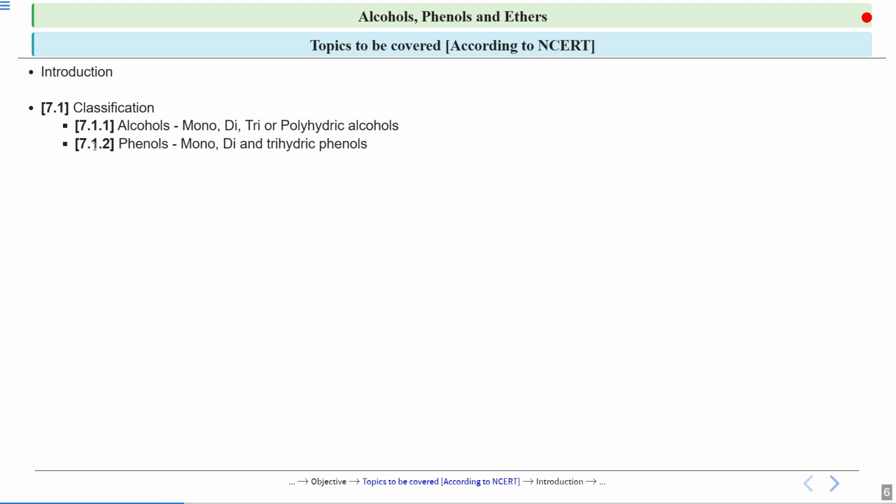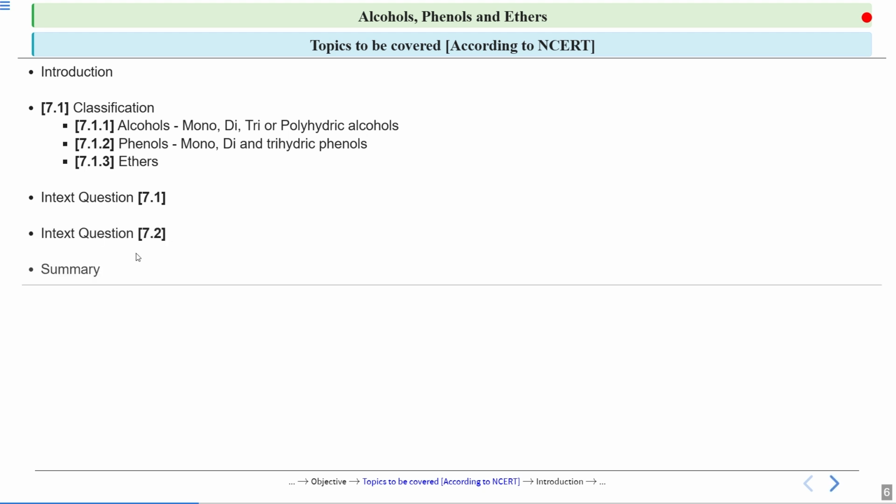And then we also cover the next subsection 7.1.2, phenols: mono, di, and trihydric phenols. And then we also cover ethers, the subsection 7.1.3. And then we will practice in-text question 7.1, also in-text question 7.2, and we will conclude with the summary.